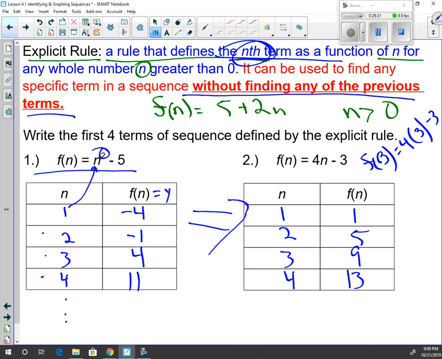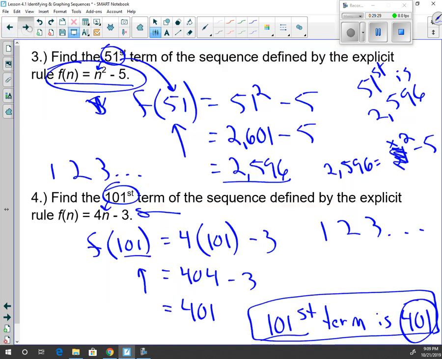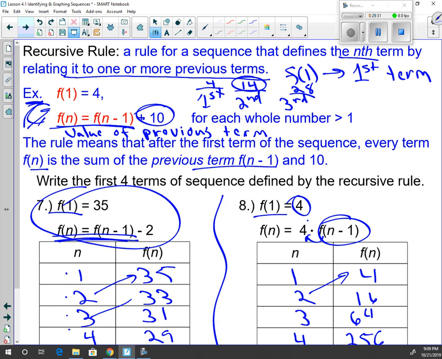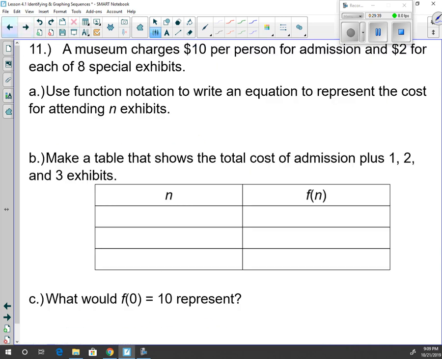I mean, we did it here, right? But it's not like we completely just added or multiplied, right? And then the recursive rule has 2 parts. It tells us the first term, and it tells us the way to build it, okay? So those are the main differences between your 2 rules.